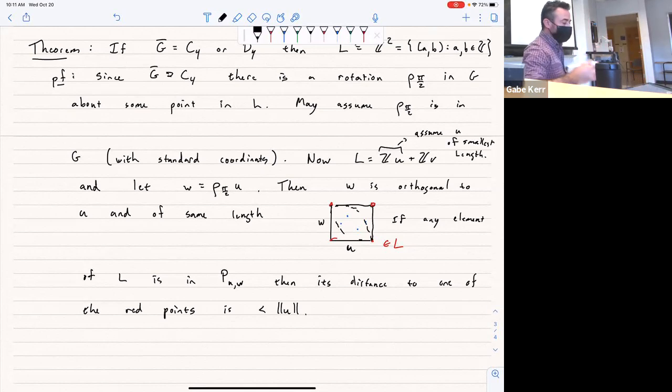But that would contradict the minimality of the length of these. So that means that there is no other element of L in this square.